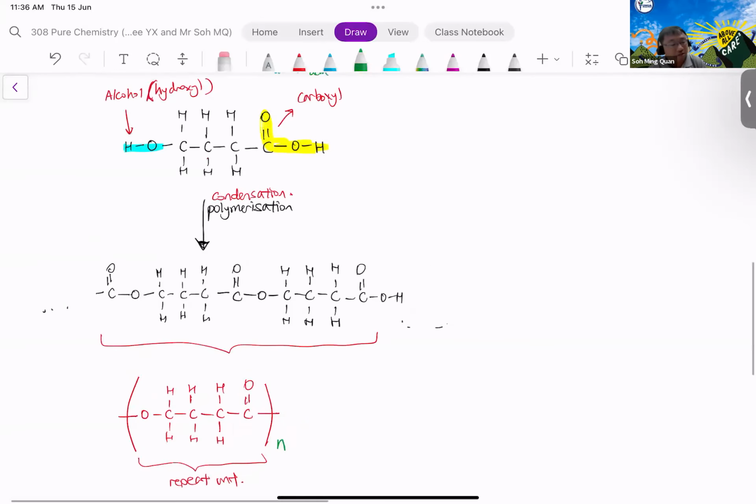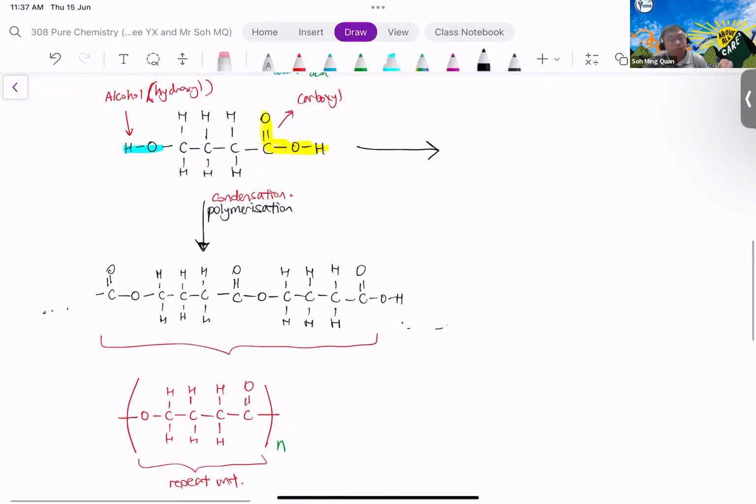Now that is one possibility, right? But there's another possibility. That means instead of reacting with other molecules of itself, can just one single molecule react within itself? Can the alcohol somehow curve and bend around and reach the carboxylic acid? I know it might sound ridiculous to you.